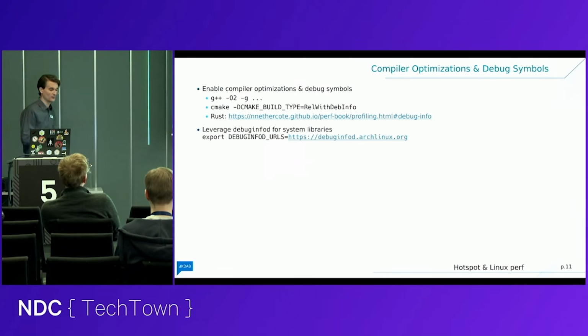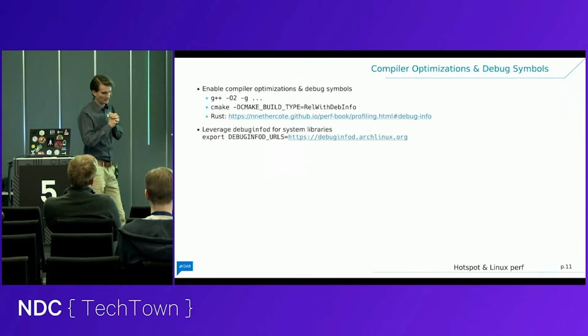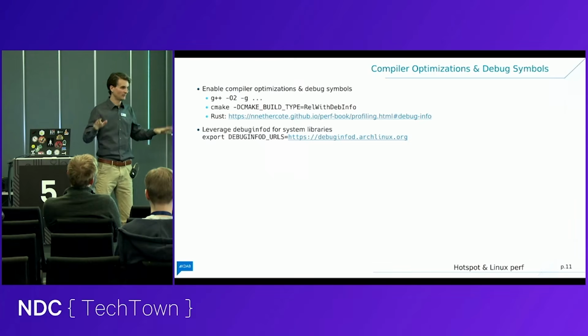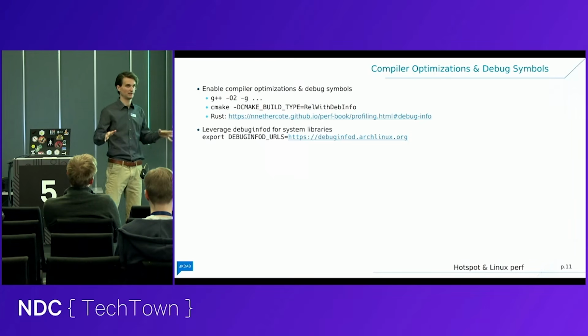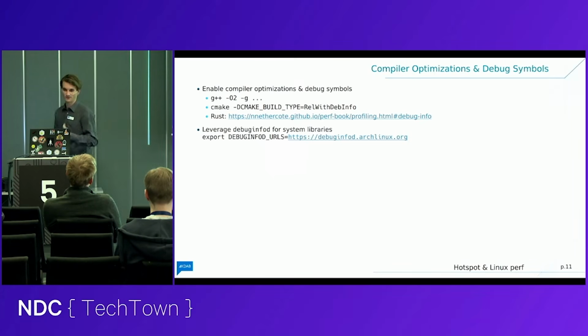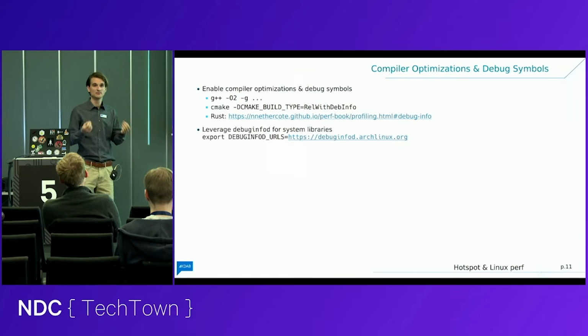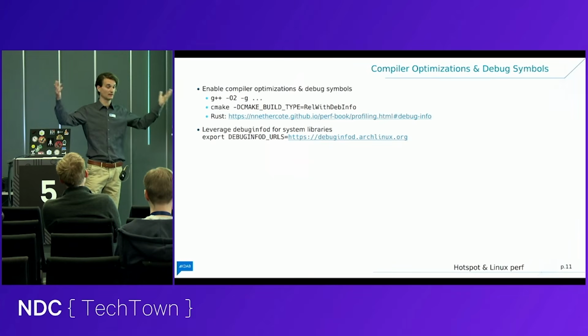So before we go down there, just as a common remark, I hope all of you are aware of that. But when I look back at myself, when I started writing C++ code nearly 20 years ago or so and did my first profiling attempts, I simply wasn't aware that compiler optimizations and debug symbols are 2 distinct things that you can toggle individually, right?